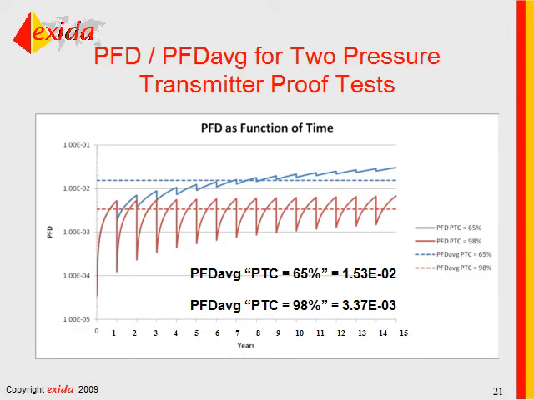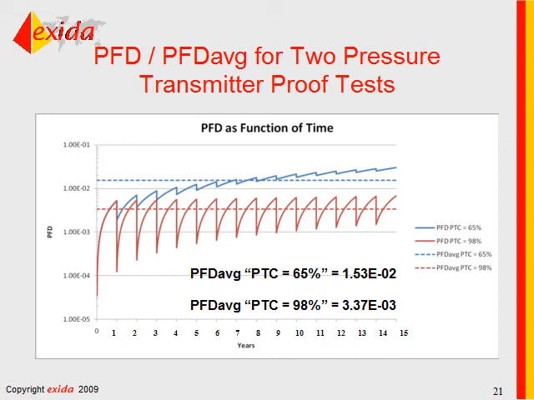Now, if I run a quick calculation where I calculate the average probability of failure in the month for two scenarios, one is that pressure transmitter with 65% proof test coverage, one is that same pressure transmitter with 98% proof test coverage, you will see that the top line, which is the 65% coverage, has a 1.5E-2 probability of failure on demand, and the bottom line has an average probability of failure on demand of 3.37E-3.